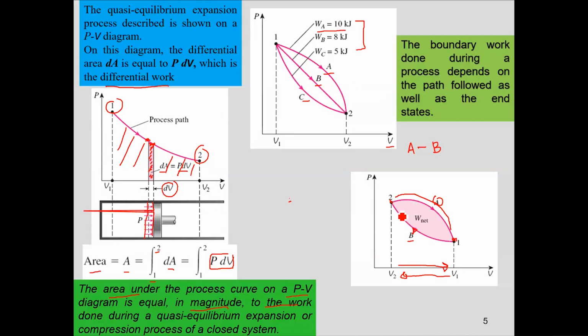So this net work is essentially the difference in the area between the two paths.